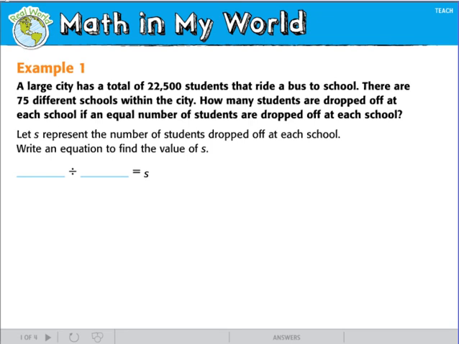So we're going to let S represent the number of students. And we're going to try to figure this out. So we have 22,500 students. And we need to divide that equally by 75 schools. Okay?